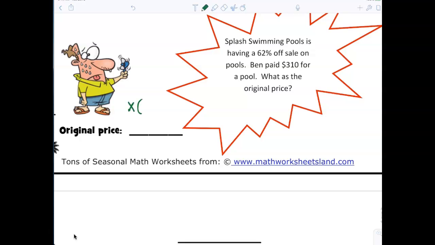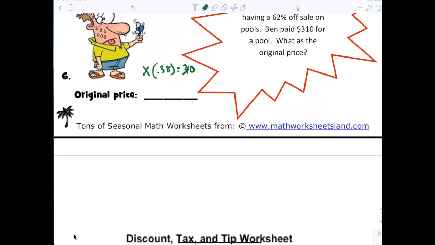Tell me the percent again. 0.38. Yes, thank you. X times 0.38 is equal to 310. Anybody else get it? 1579? Everybody okay with that?